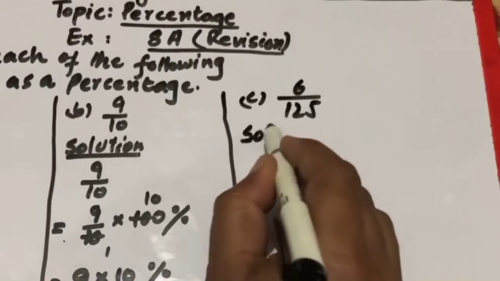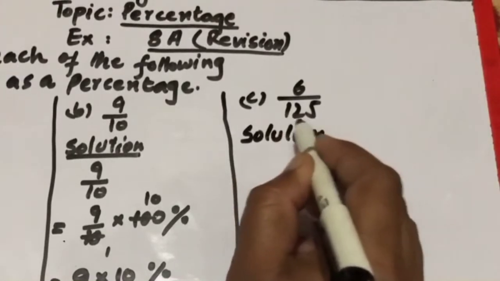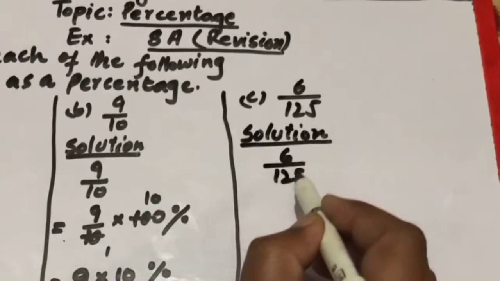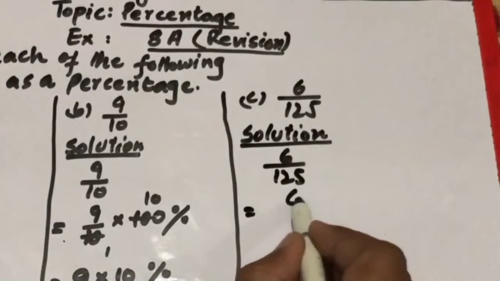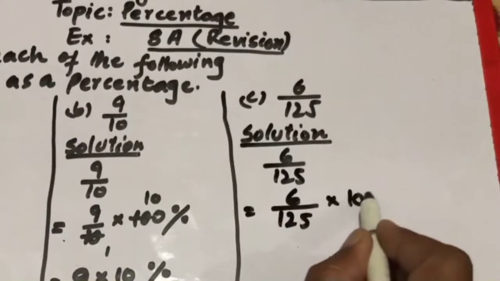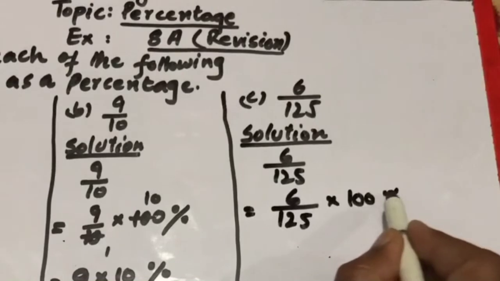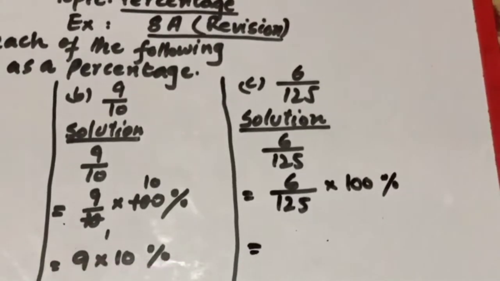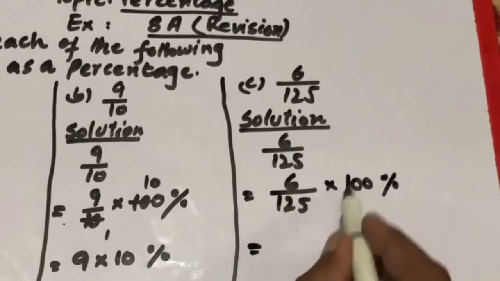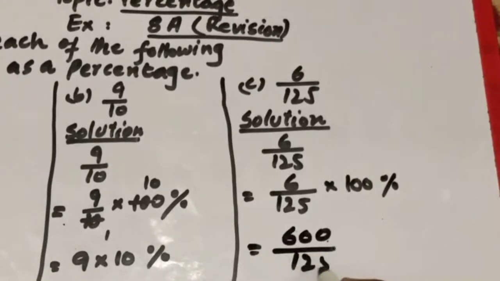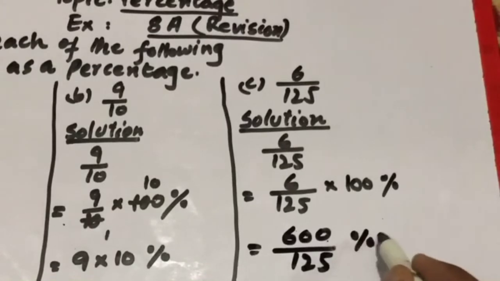So in the solution, we will write the fraction 6 over 125 again, and now we are going to multiply this fraction by 100% to make it a percentage. If we multiply 6 by 100, then we will have 600 over 125, with the percent symbol as it is.